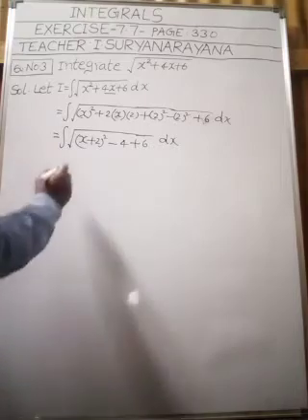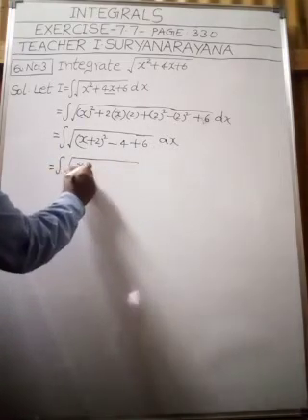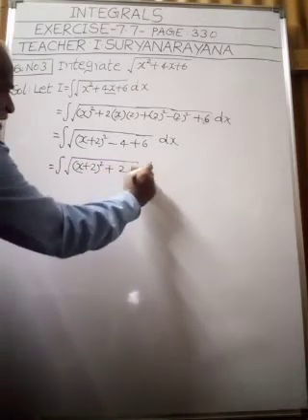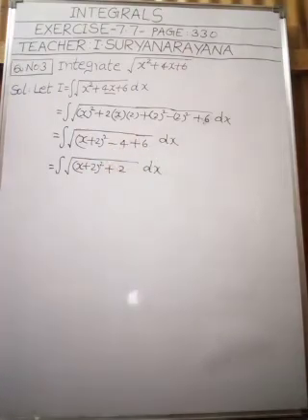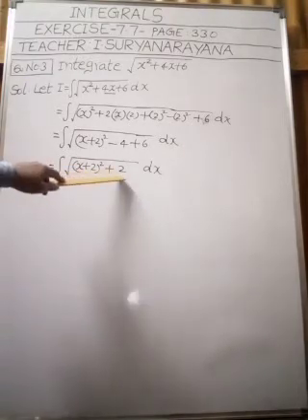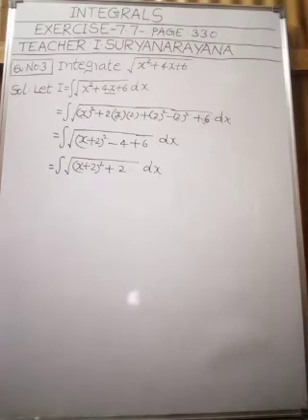This is equal to integral square root of x plus 2 whole square plus 2 dx, since minus 4 plus 6 gives plus 2. Now, this is a square of a binomial in x plus a constant. What I said, we have to write this constant as the square of some number.